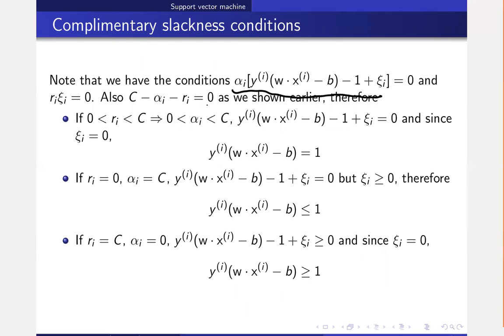So now if we look at different cases here, for example, for R_i between 0 and C, you can see that alpha I has to become non-zero, so I'm not hitting zero. And because alpha I is non-zero, from this complementary slackness constraint, this one will be equal to 0, right?